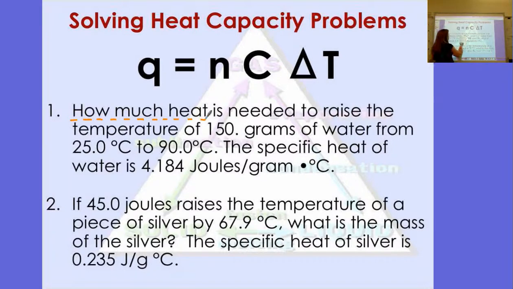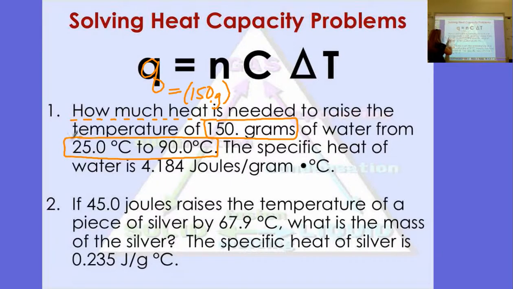Problem number 1. How much heat? Which variable is heat? I'm solving for Q. How much heat is needed to raise the temperature of 150 grams, N is 150 grams, of water from 25 to 90 degrees Celsius?